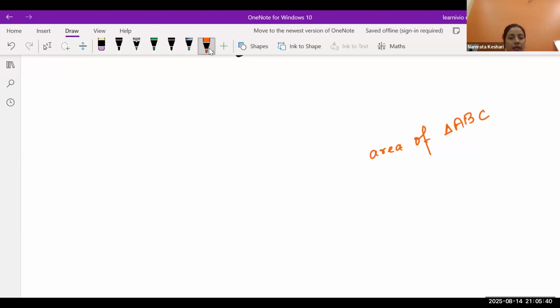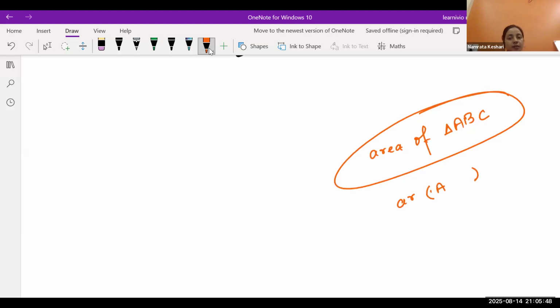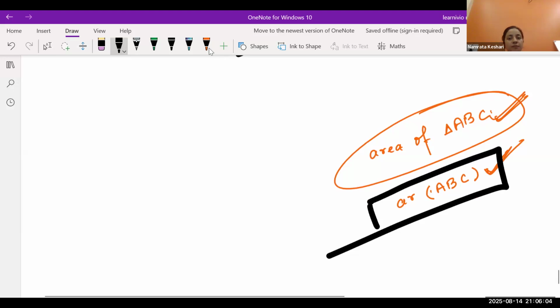We can also write the same thing as AR, area, and in bracket we'll be writing ABC. ये दोनों एक ही बात है. Okay, this one is the shortcut and this one is the long form. Both are allowed in mathematics या both are allowed. क्या हम fair portion में कभी हमने ऐसा लिख दिया तो marks कट जाएंगे? बिल्कुल नहीं. आ रहा है समझ में?